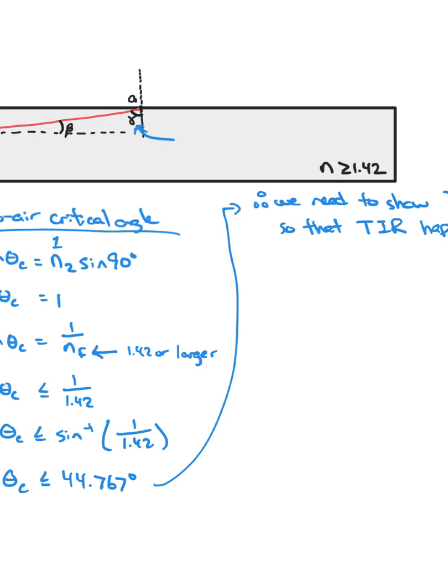To try to find gamma, I'm looking at a right angle triangle. I'll draw it out in yellow so that you can see it. If I take this horizontal line, connect it with this vertical line, and connect it with this red line, the light beam, we get a right angle triangle.